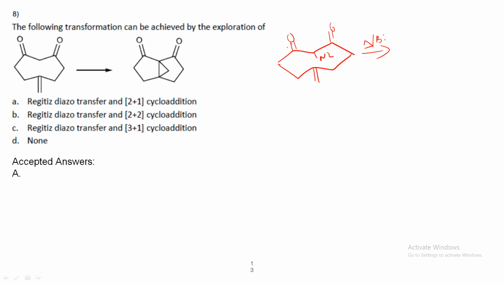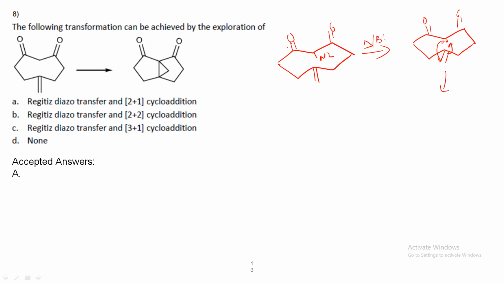So when carbene is generated, and this is the double bond, with this it can attack. So now here you can see this 3-member ring formed like this.